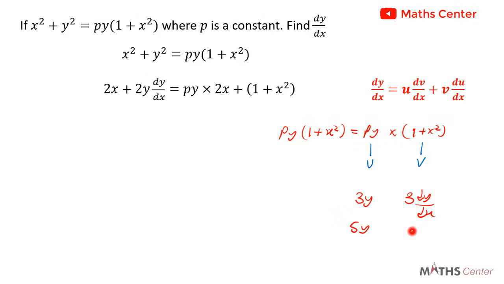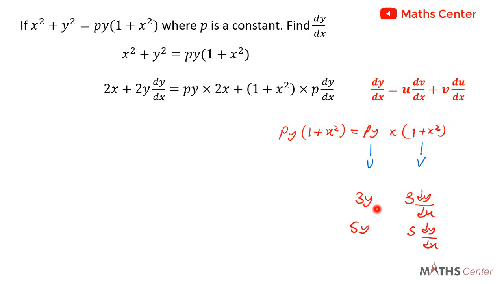When you differentiate 5y, you have 5, and then you multiply it by dy dx because it's a term containing y. So you can see the trend here. If you differentiate a constant times y, you are always going to have the constant and then dy dx. So if p is a constant and you differentiate py with respect to x, then it's going to be the constant p and then dy dx. So it's the same way.